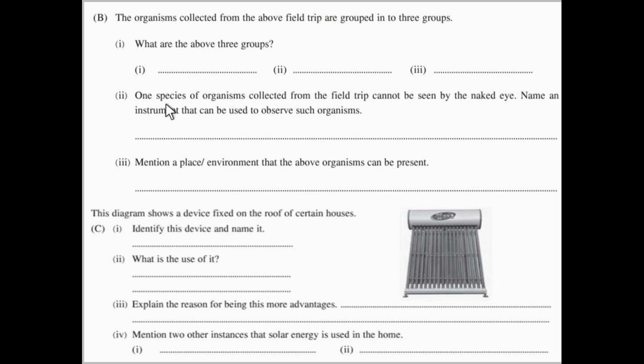Roman number 2, one species of organisms collected from the field trip cannot be seen by the naked eye. Name an instrument that can be used to observe such organisms. The instrument that can be used to observe microorganisms is called a microscope.